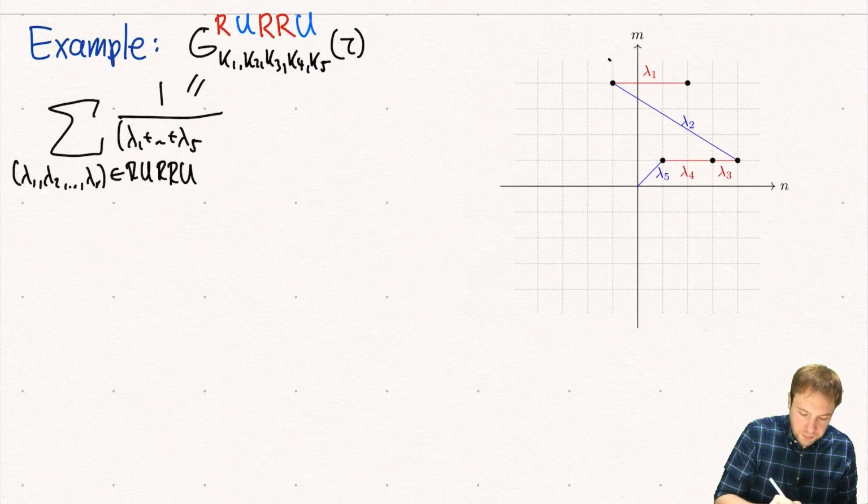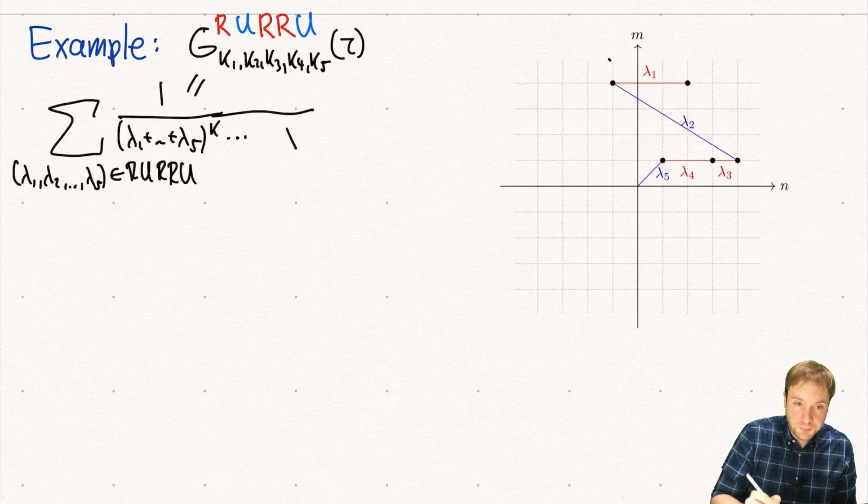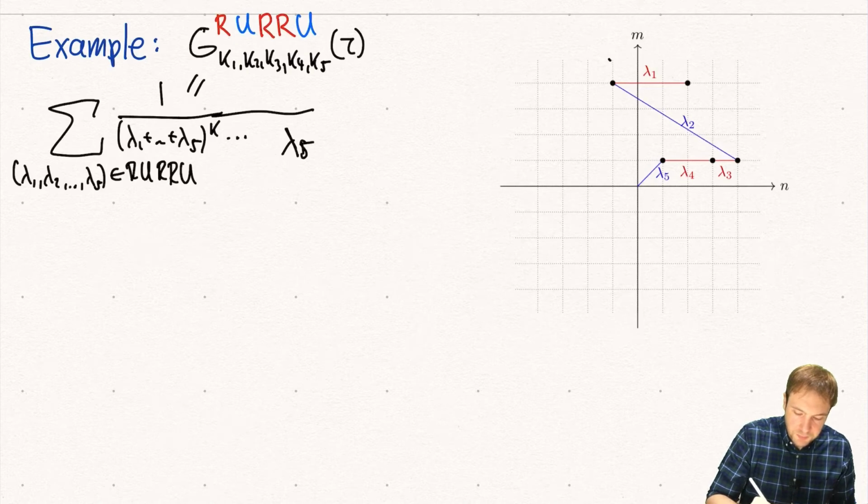Oh, so r is 5 in this case. To the K1, up to lambda 5 to the K5.